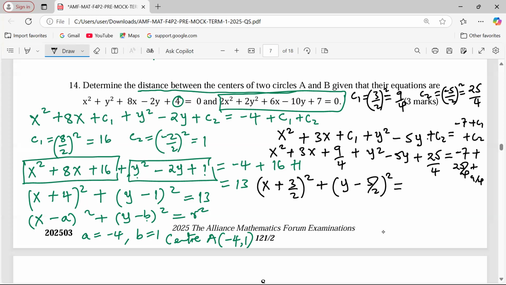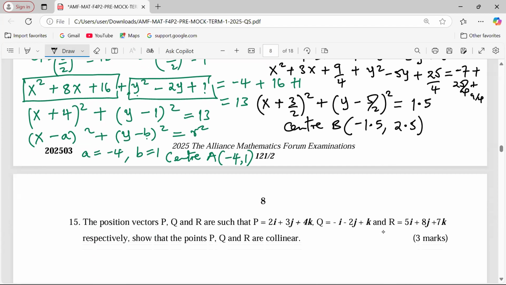This is 1.5. So the center of circle B will be 3 over 2, which is negative, to be negative 1.5. Then negative 5 over 2 becomes now positive 2.5. So that is now the second center. We have the two centers now.